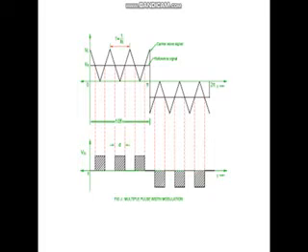Here, in multiple pulse width modulation, n number of pulses can be generated. As I already mentioned, pulse width modulation is a comparison methodology. Here there are two signals, one is the carrier wave and the other is the reference wave. The two signals are compared, and based on this the pulses are generated.